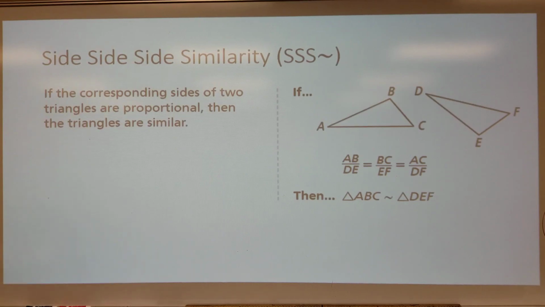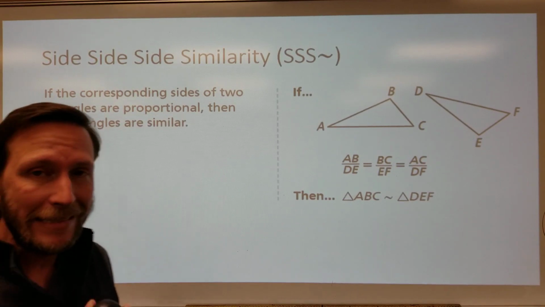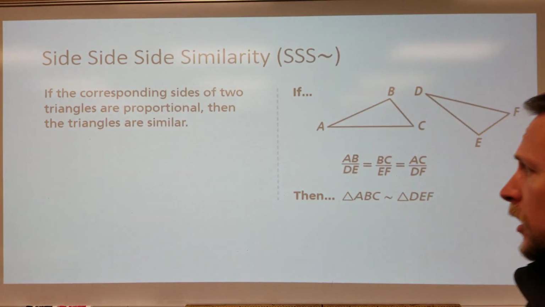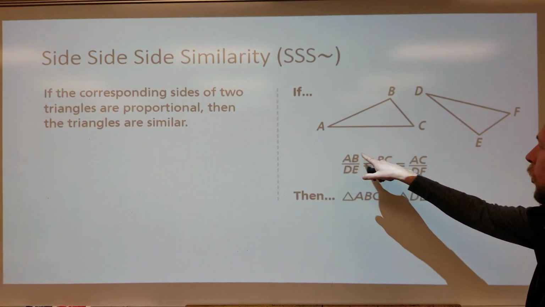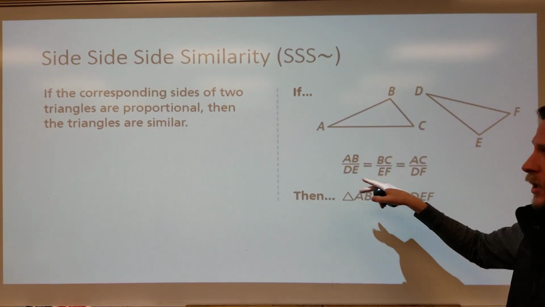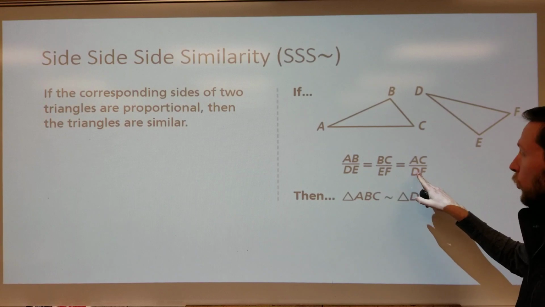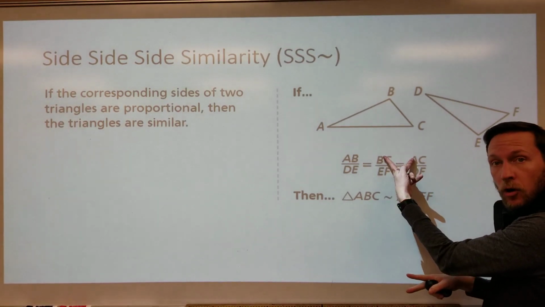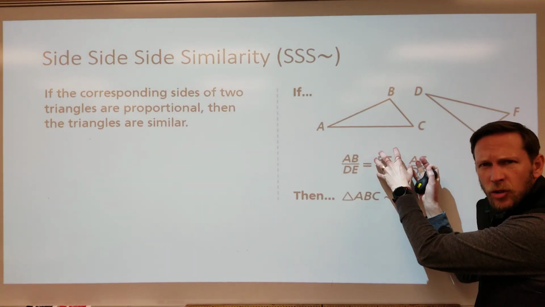The side-side-side similarity shortcut does basically the same thing. If all the corresponding sides of 2 triangles are proportional, then those triangles are similar. Now this gets a little bit tricky because we have to make sure that we organize the proportions in the correct way. If I switch and pair up the wrong pair of sides, then this no longer works, right?